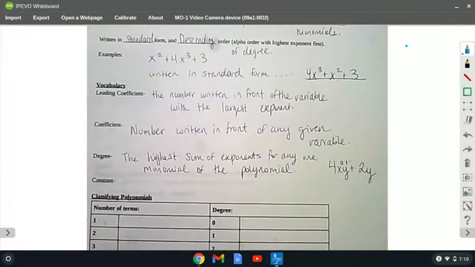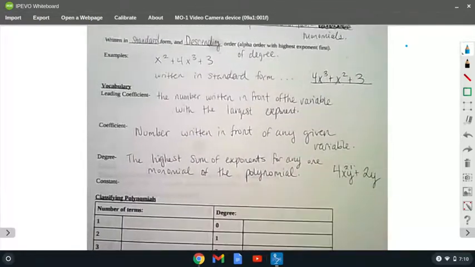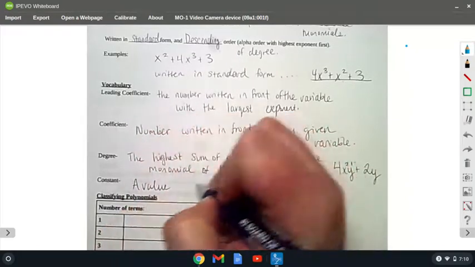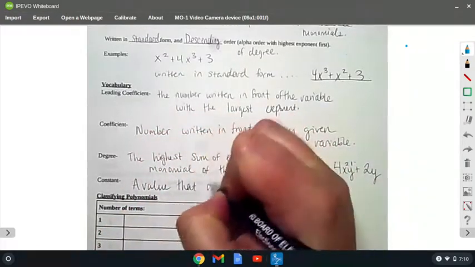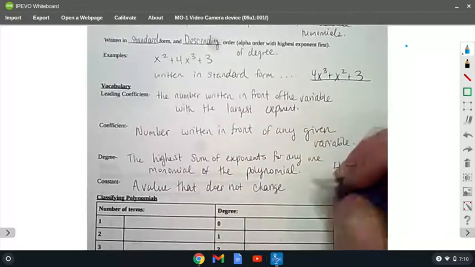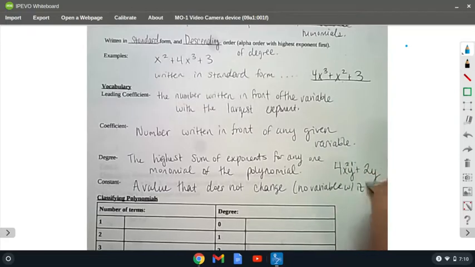So that's where they're getting that highest sum from. But we won't focus too much on any of these. We'll mostly focus on one variable. And then a constant is a value that does not change, and there's no variable with it.